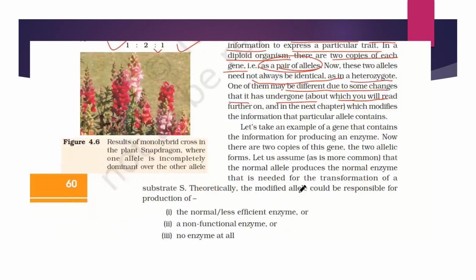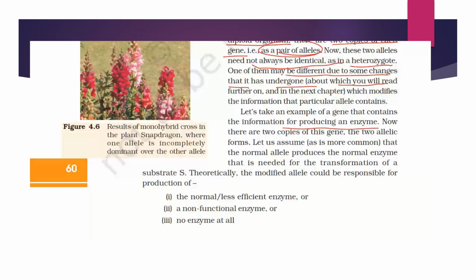Now, let us take an example of a gene that contains information for producing an enzyme. There are two copies of the gene and the two allele forms.